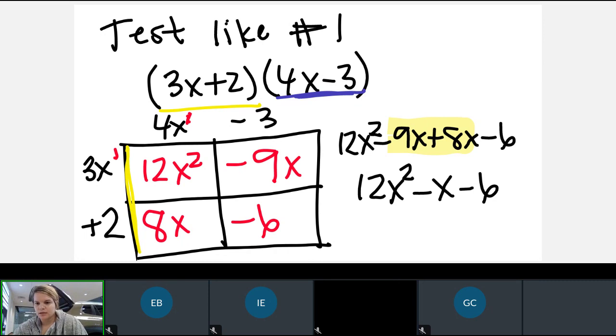Okay, let's see. Okay, and then Erica, you wanted to do 2, 3, and 5. So let's do one like number 2. Let's see what number 2 is. Number 2, okay, is a subtraction problem.